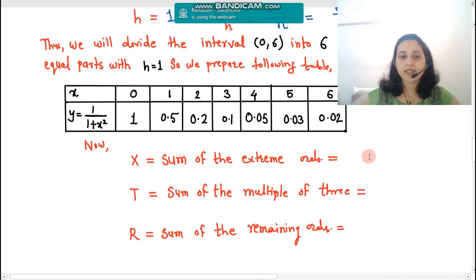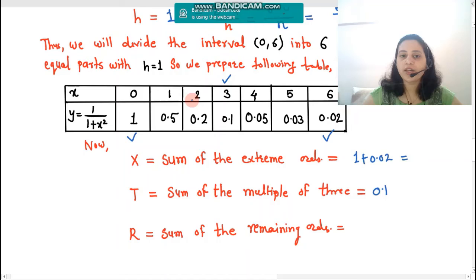So what is x? X is nothing but the sum of extreme ordinates. So first value and the last value. The sum of first and last value will be 1 plus 0.02. Now the sum of multiples of 3. So multiples of 3, that means this 3. So 0.1, and then the sum of remaining ordinates.